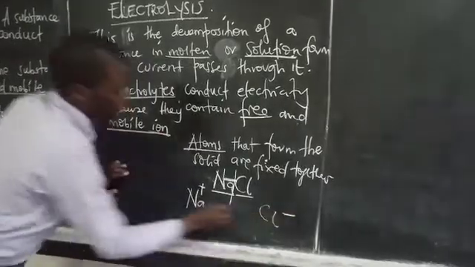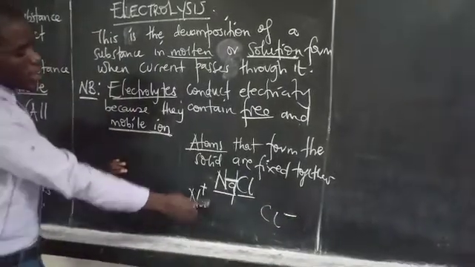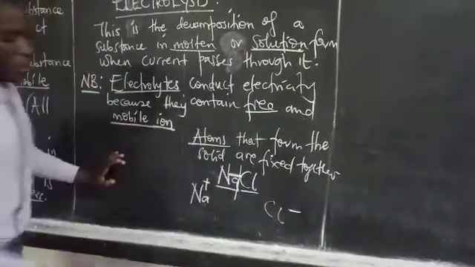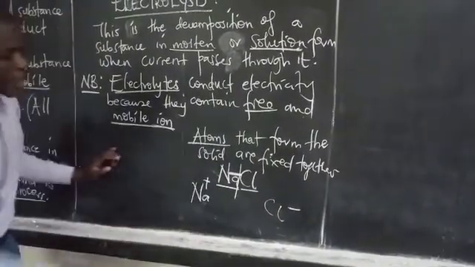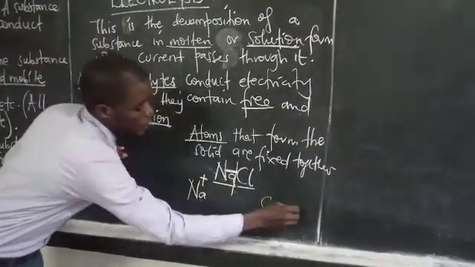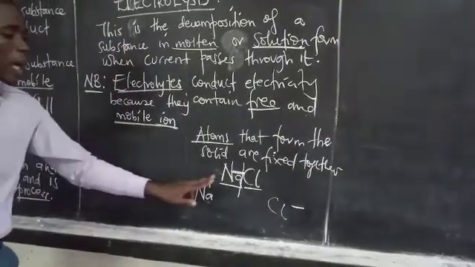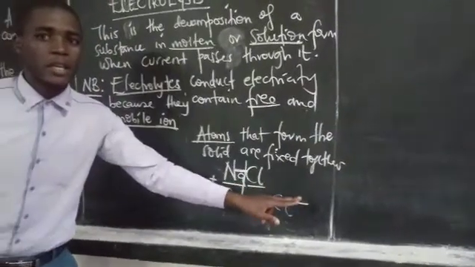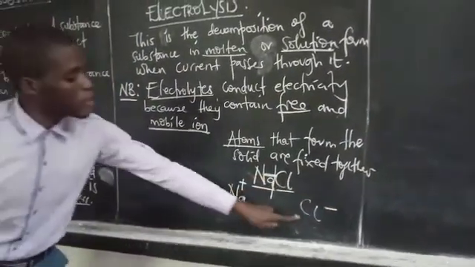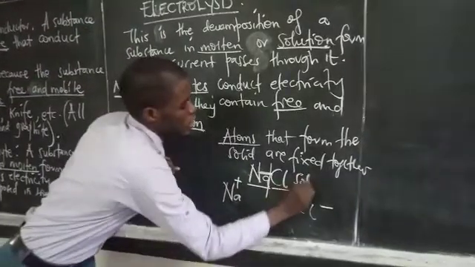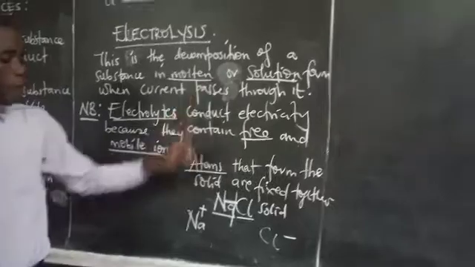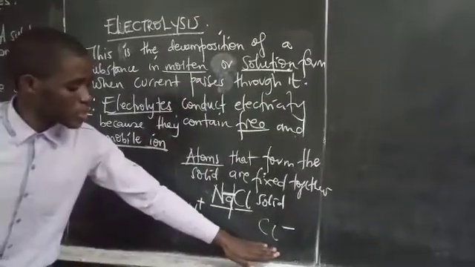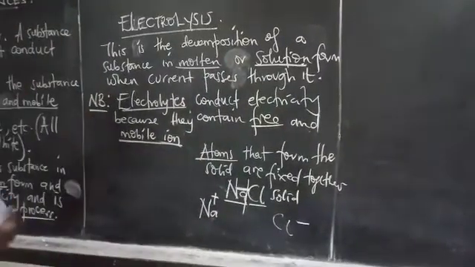The sodium gives chlorine an electron, so it becomes positive and this one becomes negative. Each one can move freely. They cannot be free in solid state. But in solution or molten form, the ions can be released and so they can conduct electricity with ease.